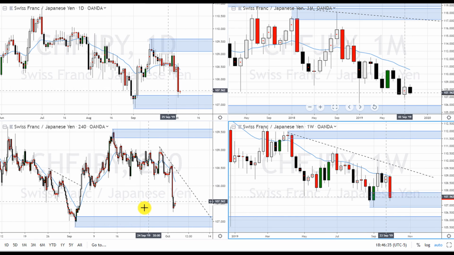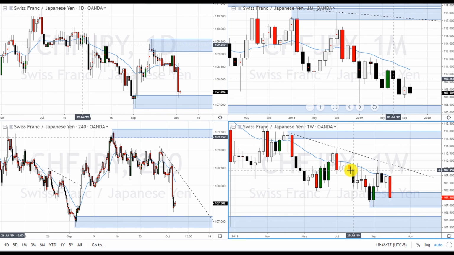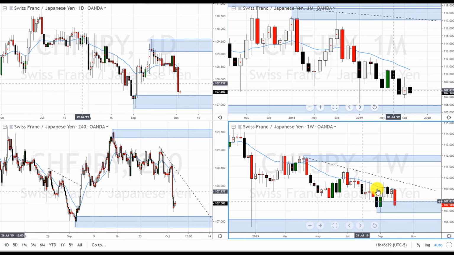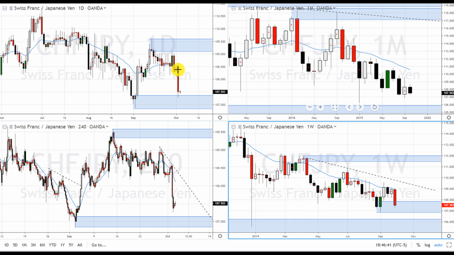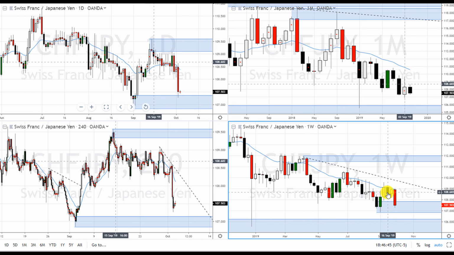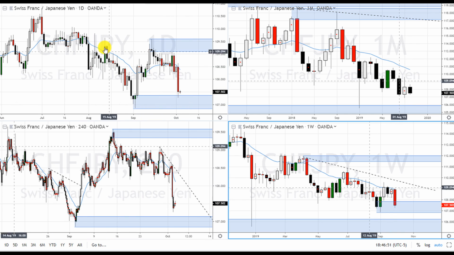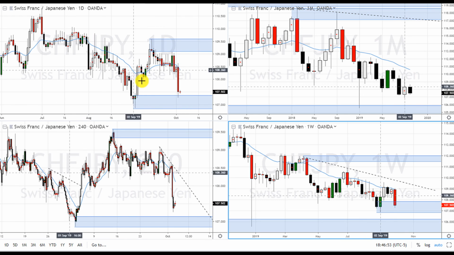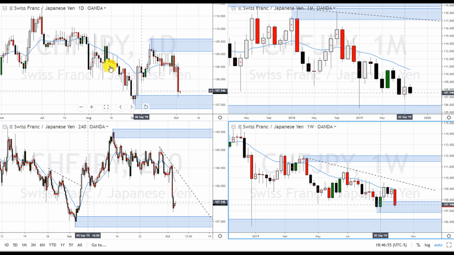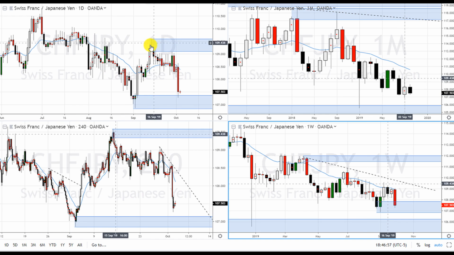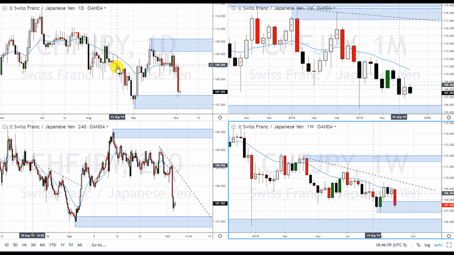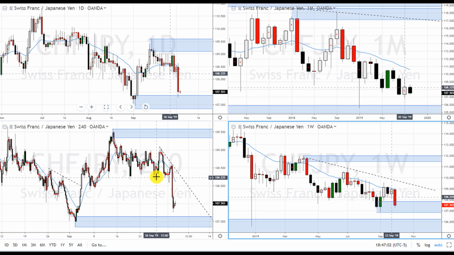Less odds of it working, because if you're trading the weekly, daily, 4 hour, this weekly chart is still in a downtrend. Daily is mixed right now because it's not down and it's not up, it's just consolidating.